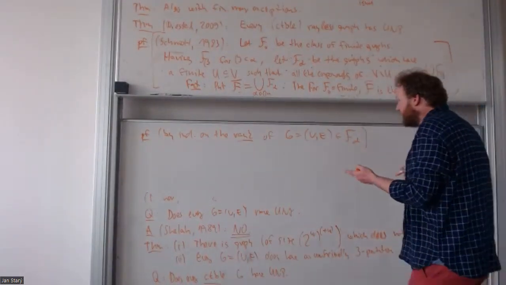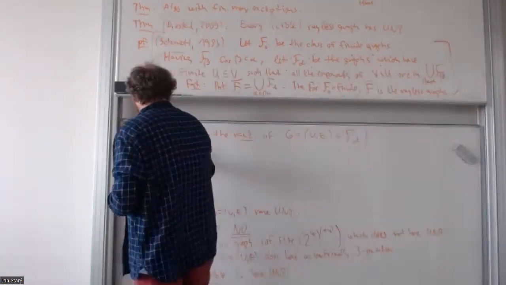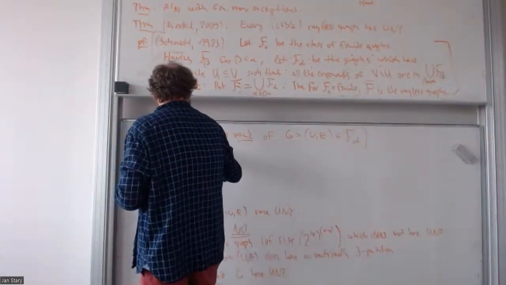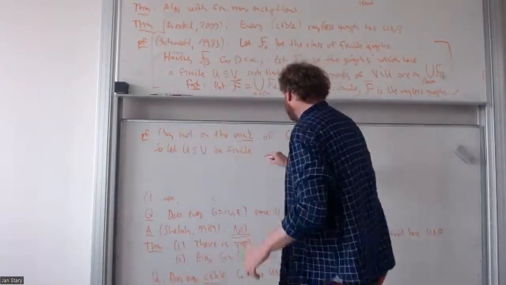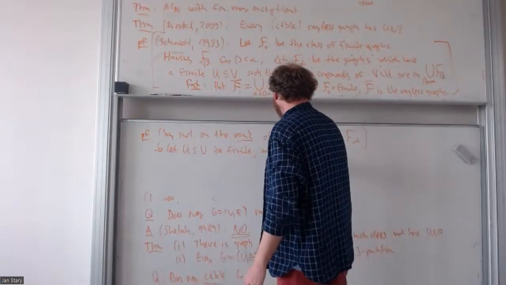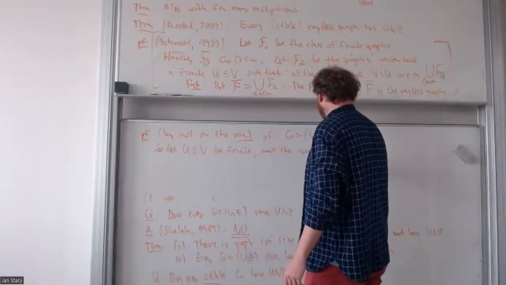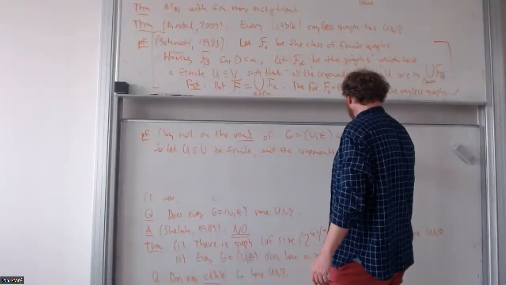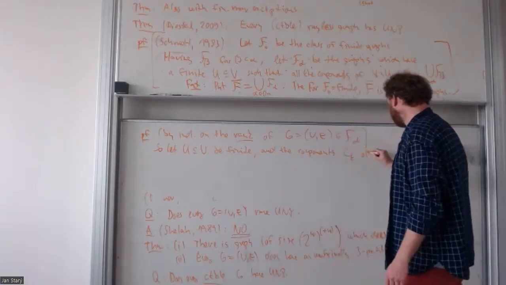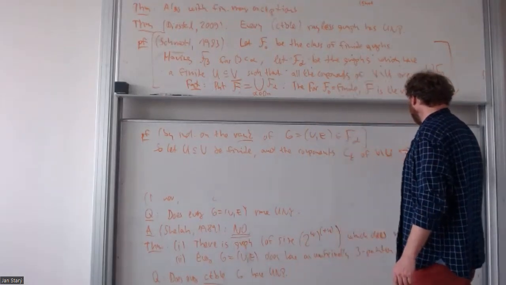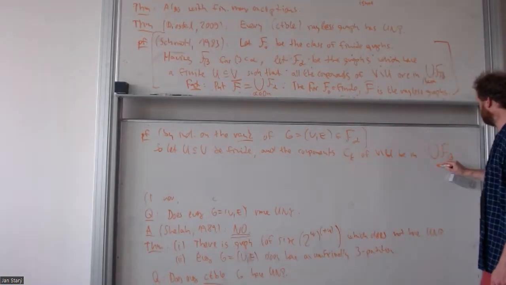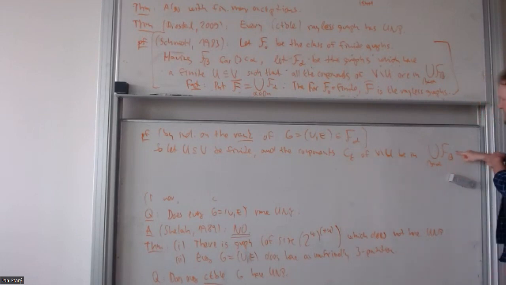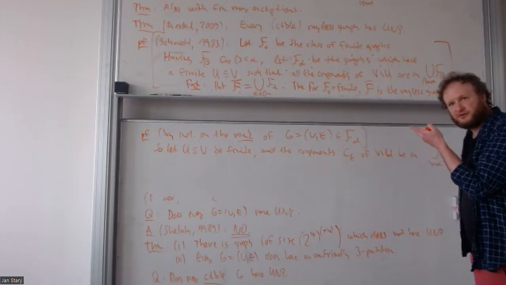So let U be finite, like the witnessing set, and let's say the components C_k of the rest be in some of the previous betas. So they already do have an unfriendly partition. How do I create an unfriendly partition for this?